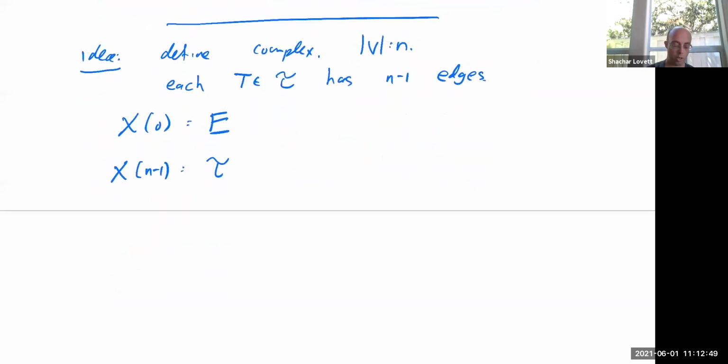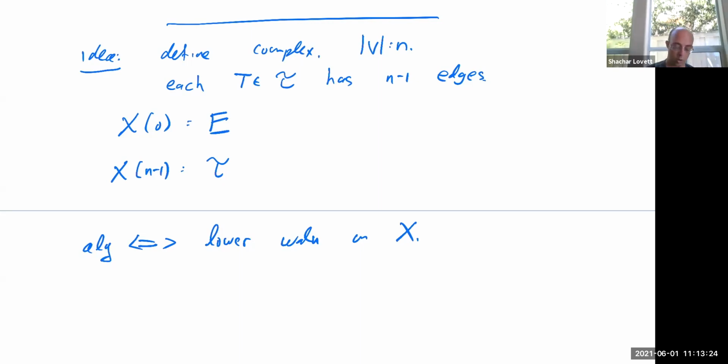And then what we saw is that this algorithm, this mix, is exactly the same as the lower walk on X. So this process of taking a tree, removing a random edge, and then adding another random edge so that I get a spanning tree is exactly the same as starting with the top face of this complex, moving randomly to a node at level n minus 2, and then moving randomly again to a node at level n minus 1 again.